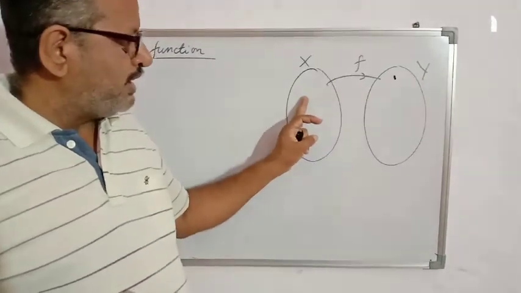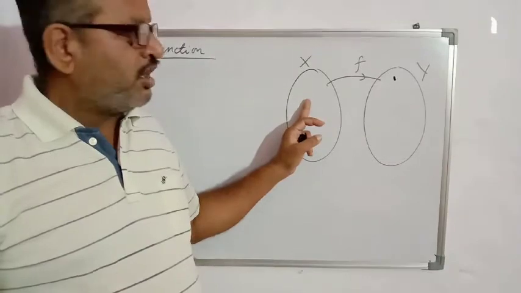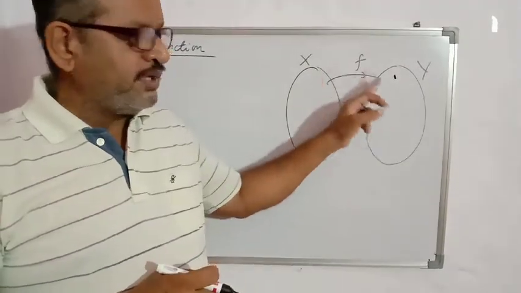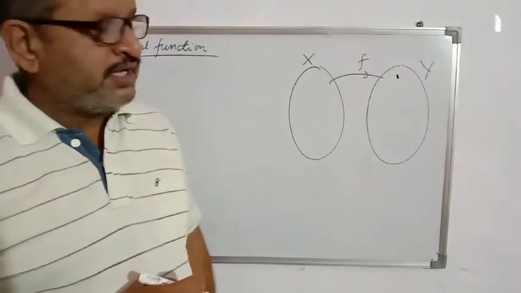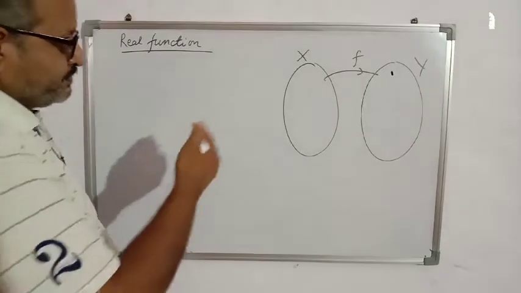So if the domain and codomain are both either the set of real numbers or subsets of real numbers, the function defined from x to y is called a real valued function, or simply a real function.